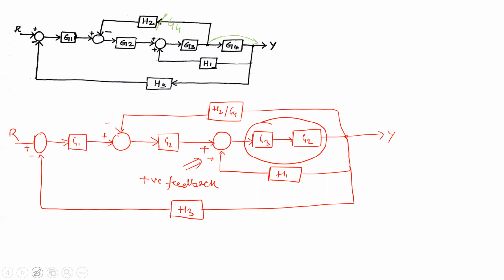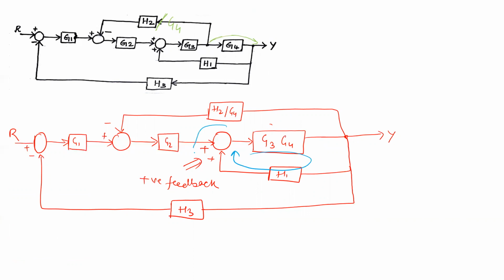So we will simply replace this one with a single block. Let us replace. We will multiply G3 and G4. Now because this is a feedback path, we will replace this one with a single block.